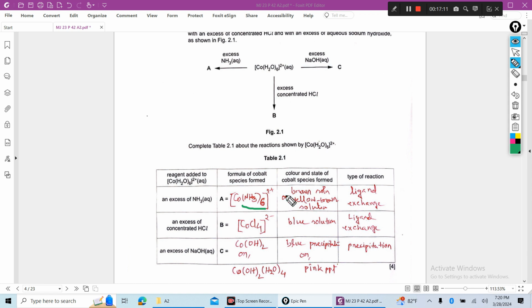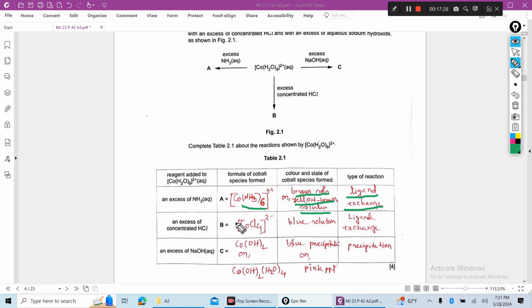Now the colour will be a brown solution, or you can write cobalt is a yellow brown solution. This is a ligand substitution reaction or ligand exchange reaction.